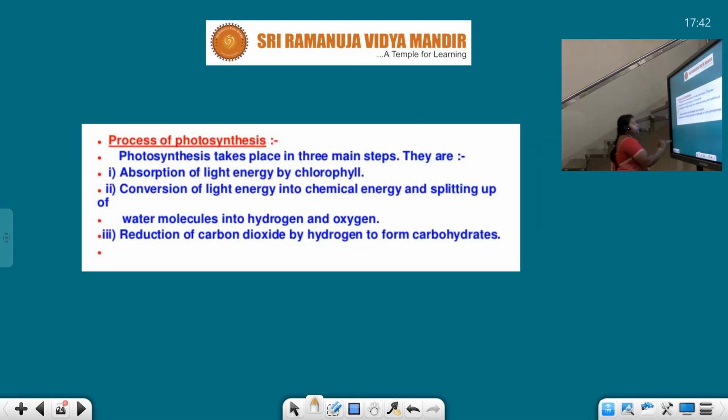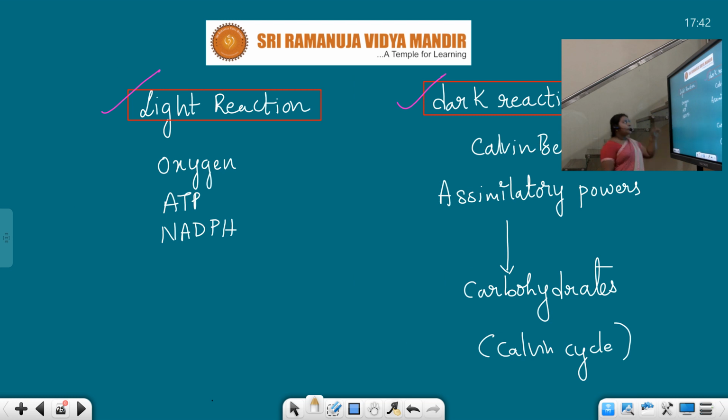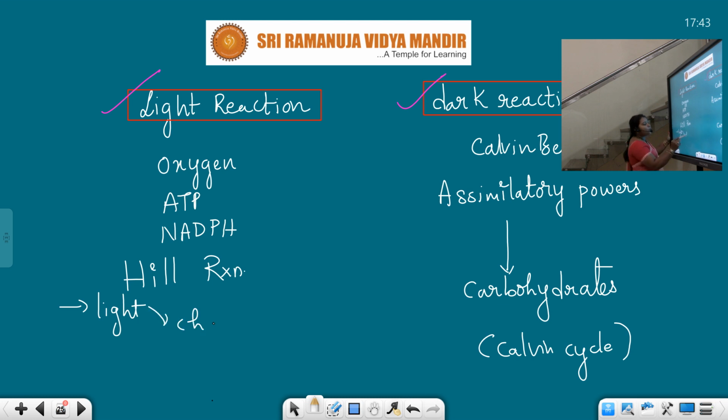Now, let us talk about the light reaction first. This light reaction is also called the light dependent reaction, or the other name is Hill reaction. This reaction occurs only in the presence of light. Here, light energy is absorbed by the chlorophyll pigment, and oxygen, ATP and NADPH are produced.